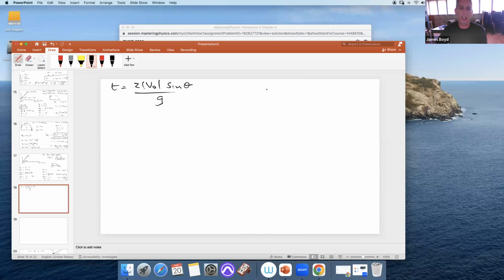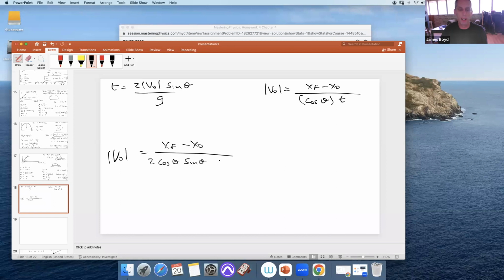And I have that V naught is X final minus X initial over cos theta times T. So for T, plug that stuff in. I get V naught is X final minus X initial over cos theta times 2 times sine of theta times V naught over G.